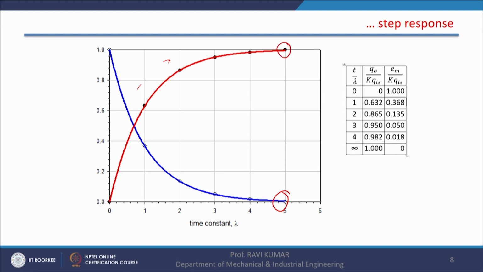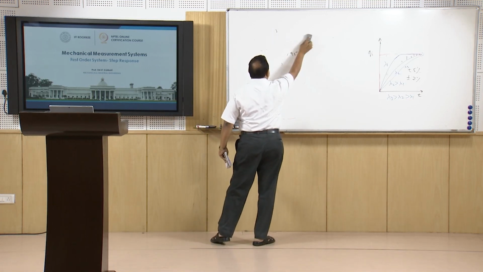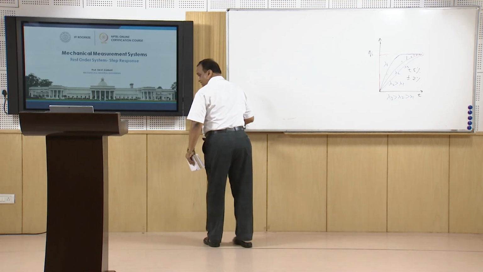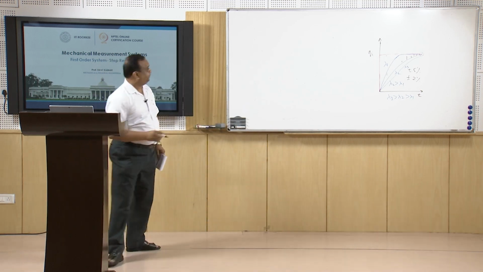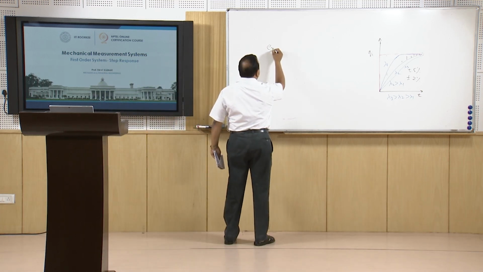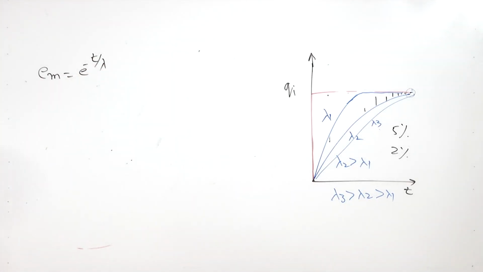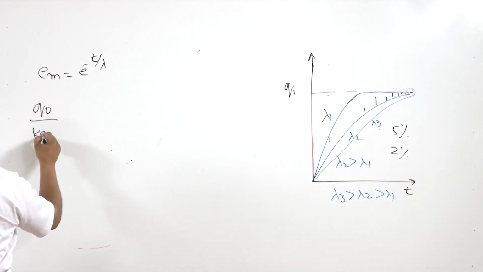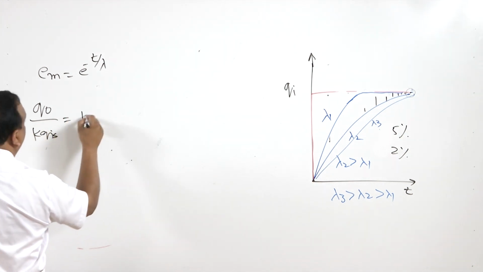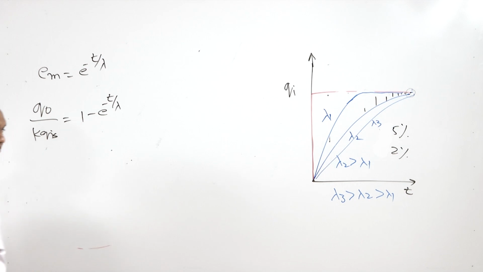Fine. Now, for the error in measurement: the dynamic error in the measurement is e raised to power minus t by lambda. If you refer back, here we have measured Qo by K Qis, the response of the system, as 1 minus e raised to power minus t by lambda.